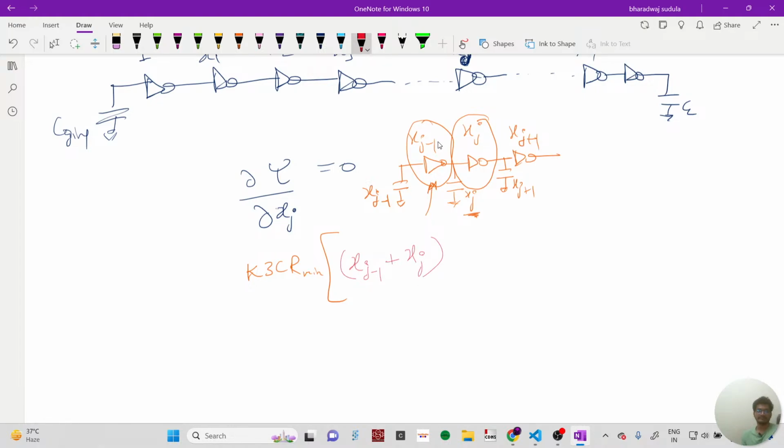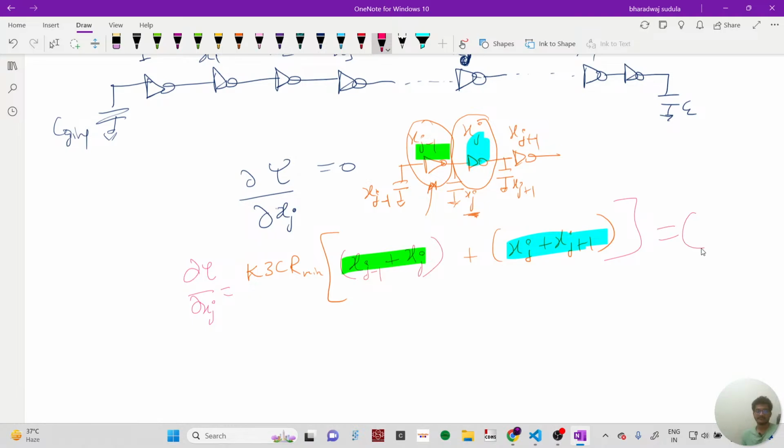This is the first one, and this is xj plus xj plus 1. Okay, and this is the second gate. Correct? So this is d tau by dxj, and I'll equate this to 0.